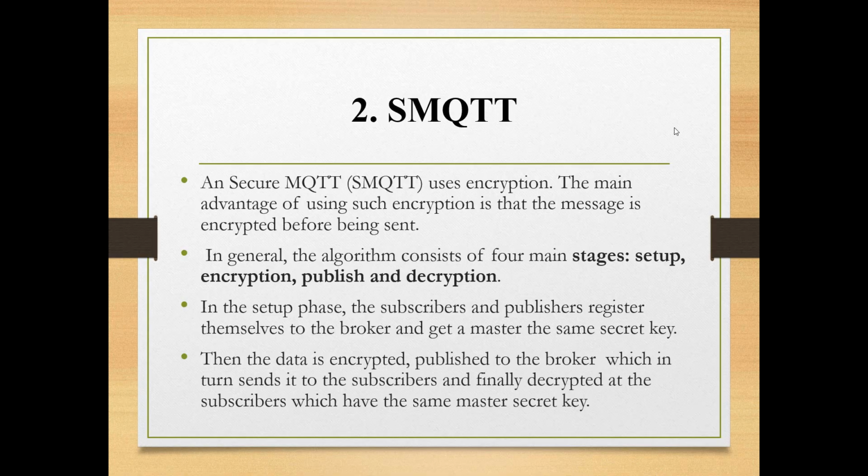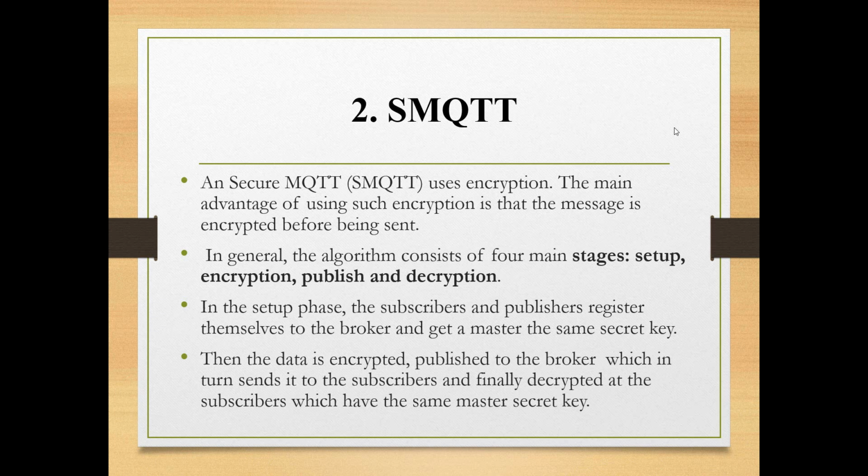Okay, welcome again. So we are going to talk about secure message queuing telemetry transport protocol. As you can see, this is a new version of the MQTT, but it uses encryption.